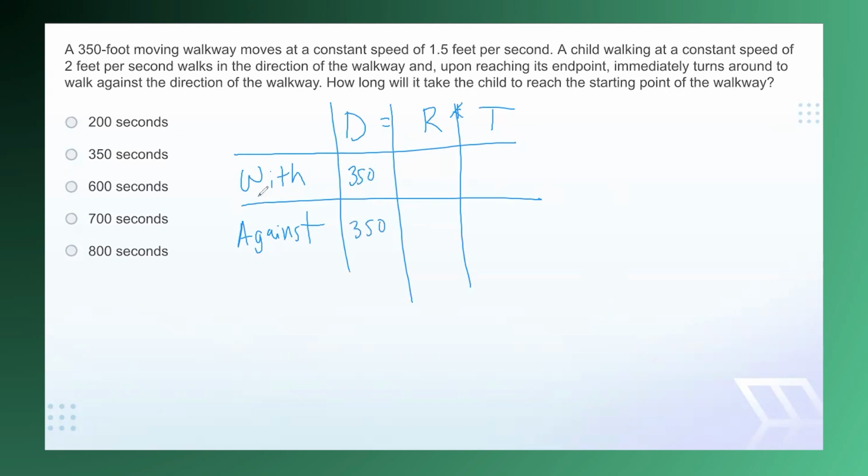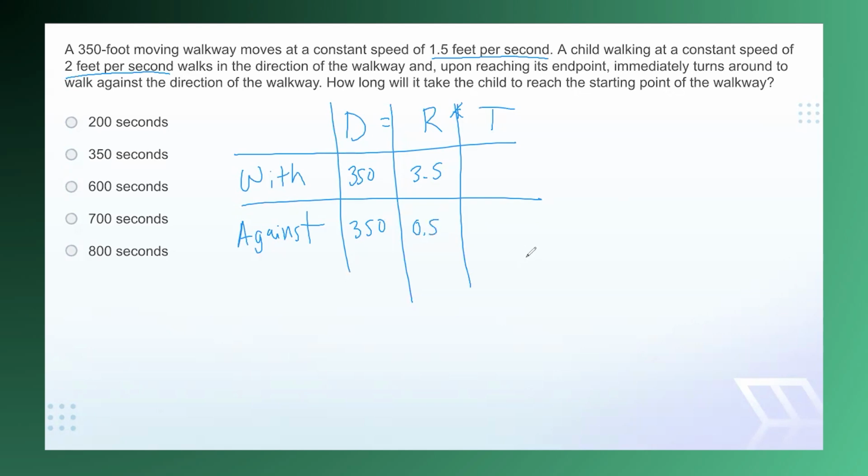Now, in the first stage, our walkway is working with the child, so we are going to add the rates. 2 feet per second plus 1.5 feet per second is going to be 3.5 feet per second. In the second stage, the walkway is working against the child, so we will subtract the rates. 2 feet per second minus 1.5 feet per second is 0.5 feet per second.